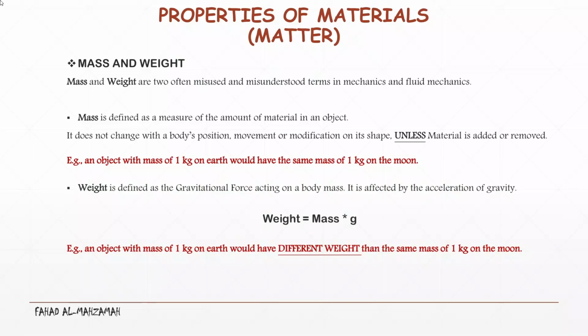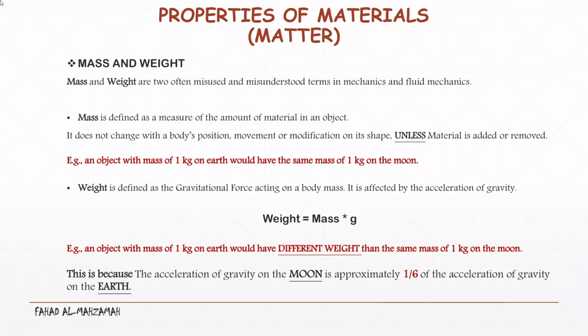For example, an object with a mass of 1 kilogram, the same as the above object, would have a different weight, not mass, on Earth. This object will have the same mass on Earth and Moon, but it will have a different weight.